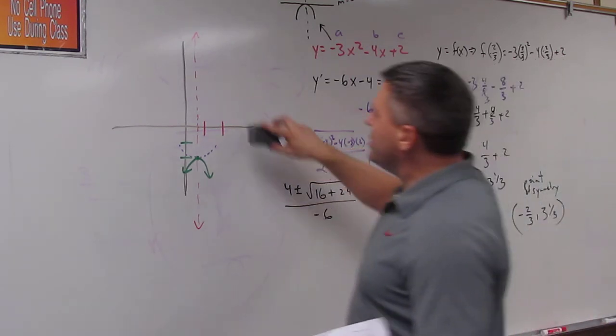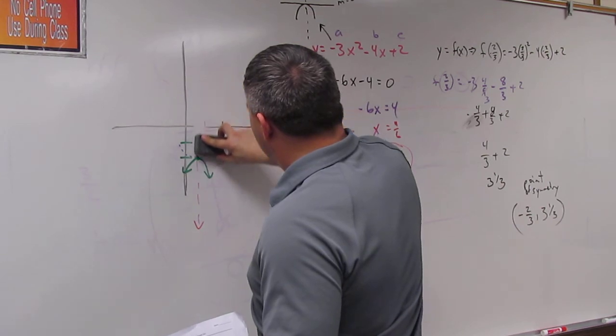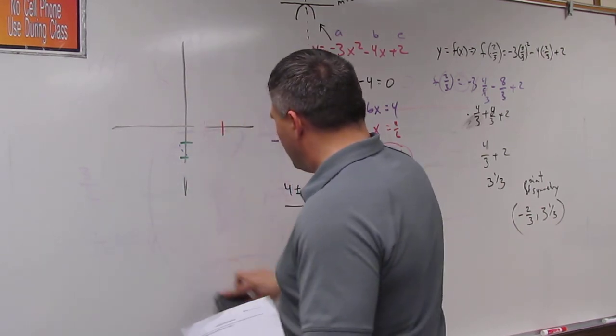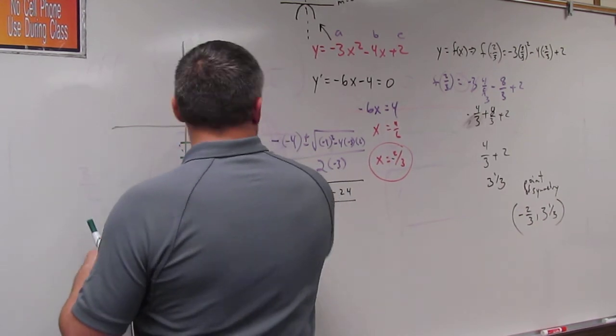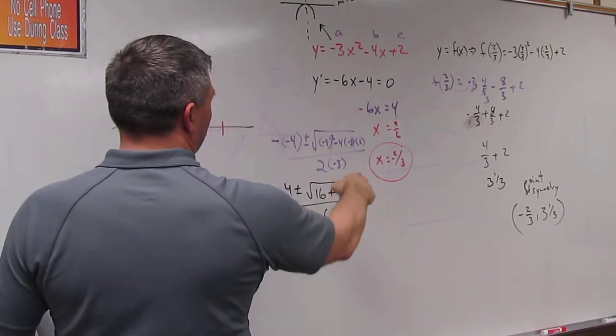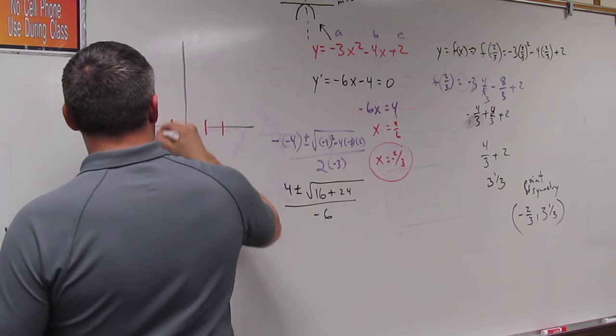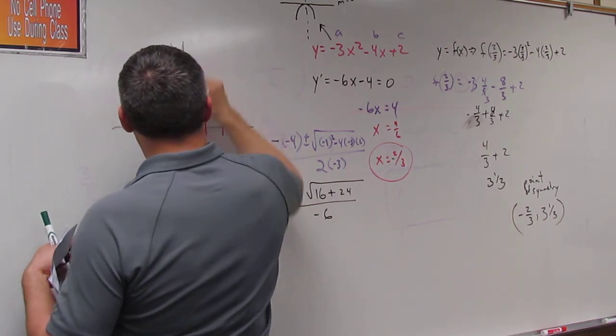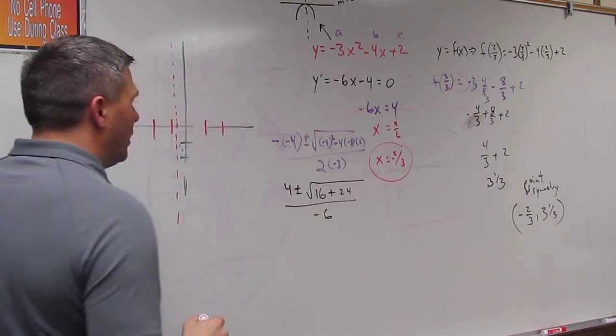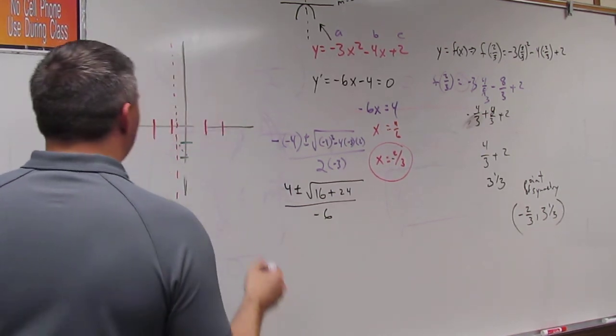And at that point, that changes a lot in here, because the point of symmetry is going to be x is at -2/3. So it's on this side. And the point of symmetry is at 3 1/3.